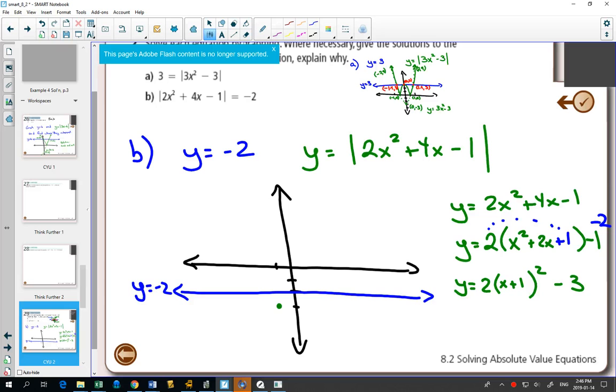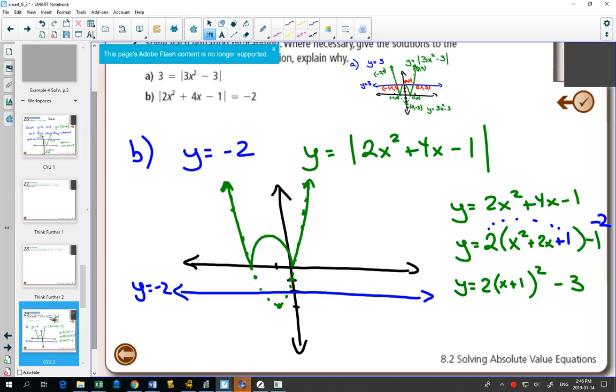The a value is 2, so you can go over 1, up 2, then over 1, up 6. This is the parabola. If we wanted to graph the absolute value of that parabola, these parts would stay the same, and this section would flip over.